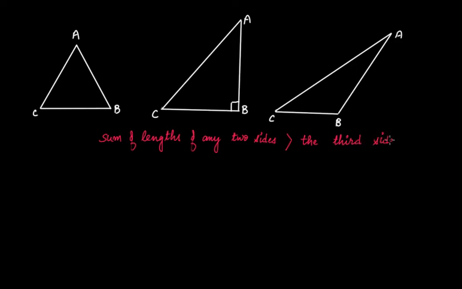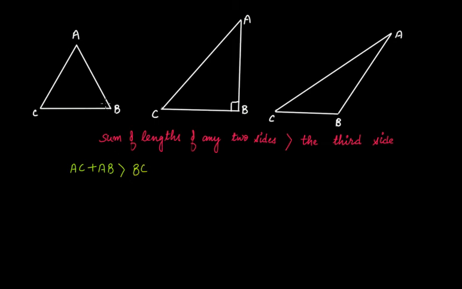What does that mean? It means that if we take this side AC and this side AB, so the sum of lengths of any two sides, AC plus AB. In all these three different types of triangles, the sum of these two sides will be greater than the third side that you haven't included here, that is BC.